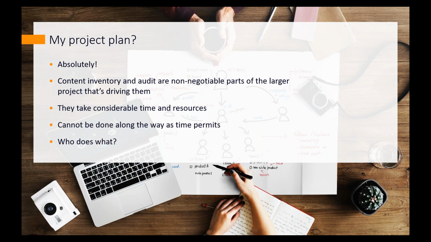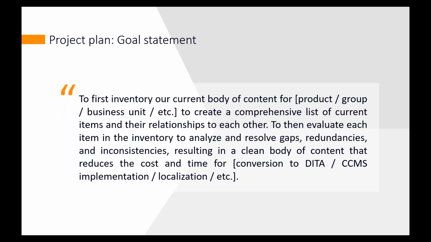Now, what should the project plan include? Well, to start, you need a goal statement. It could look something like this. To first inventory our current body of content for product group, business unit, etc., to create a comprehensive list of current items and their relationships to each other.